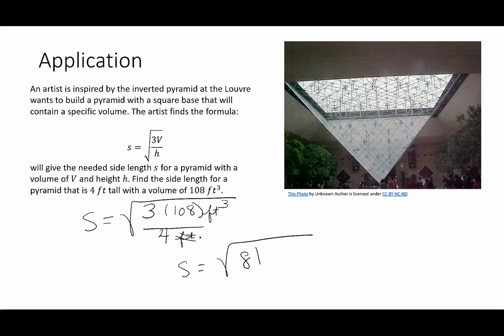Feet cubed over feet just reduces to feet squared. So when we take the square root, we're going to get that S is equal to 9 feet. So this says when we construct this pyramid, it'll be 9 feet by 9 feet as the base of the pyramid, which is a square, and then it'll have a height of 4, which will give that overall volume of 108 cubic feet.